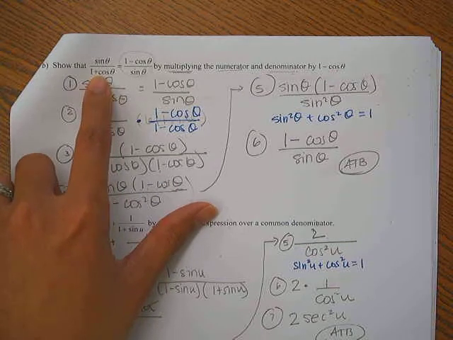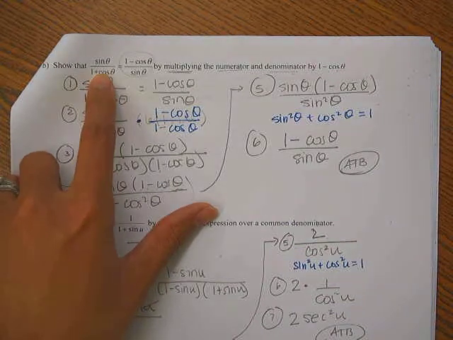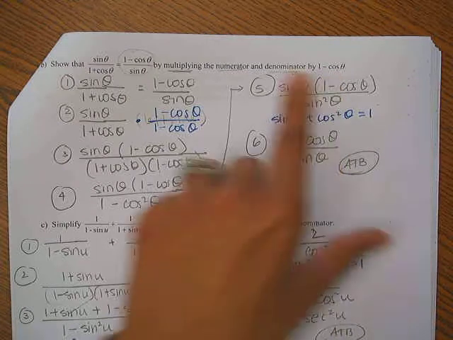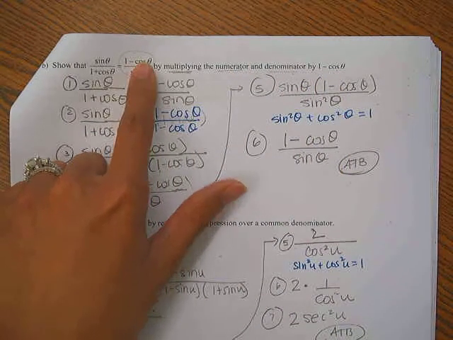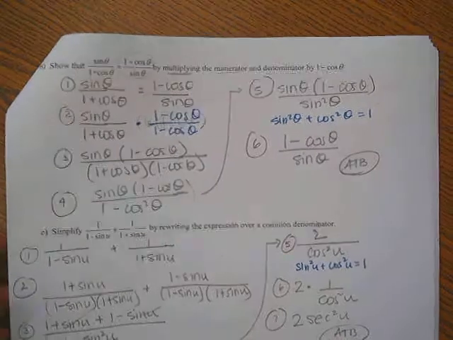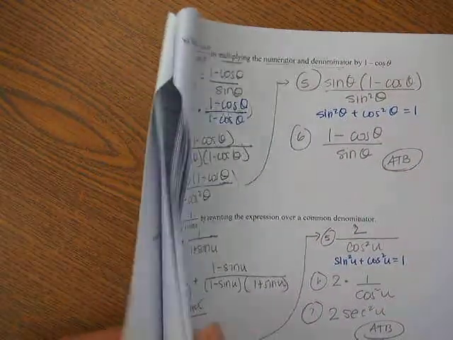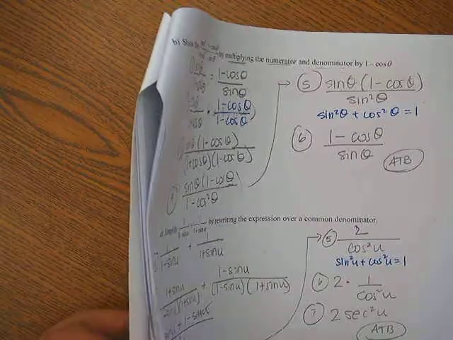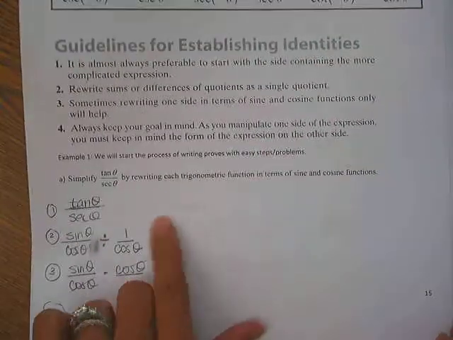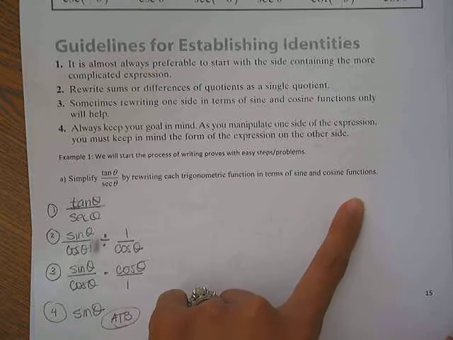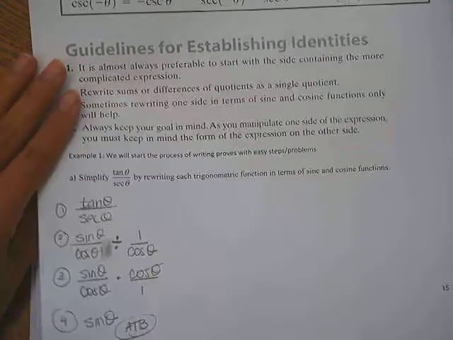So the conjugate of 1 plus cosine theta is 1 minus cosine theta. I can choose the right-hand side and multiply by its conjugate, so it depends on which side you pick. And another reminder of some guidelines is you can also write it in terms of sine and cosine functions. Those are pretty much all the things you can do.